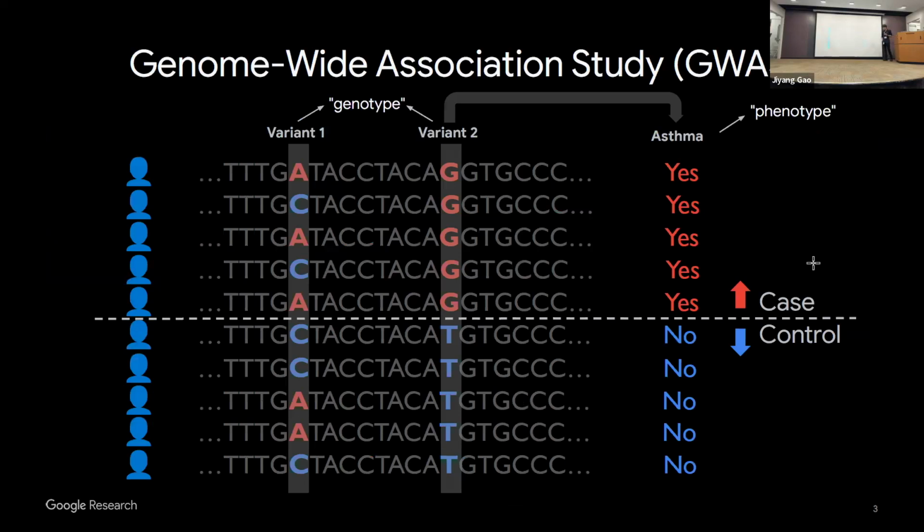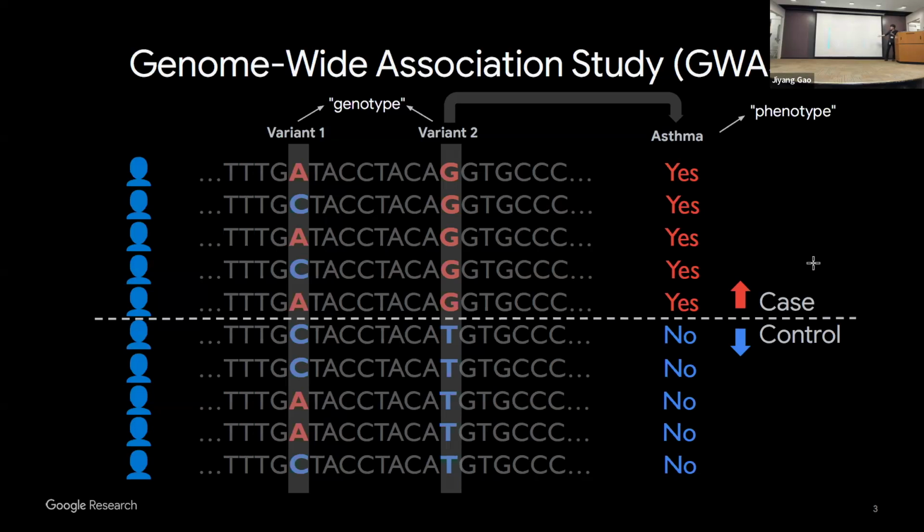So today I will very briefly talk about this particular type of genetic study called a genome-wide association study. Consider a very common disease like asthma, which is called the phenotype of an individual. Here each row is an individual. Each individual has a different genetic composition, but they share a lot of their genetics. On one position, people have some different nucleotides, and on two positions they have different nucleotides.